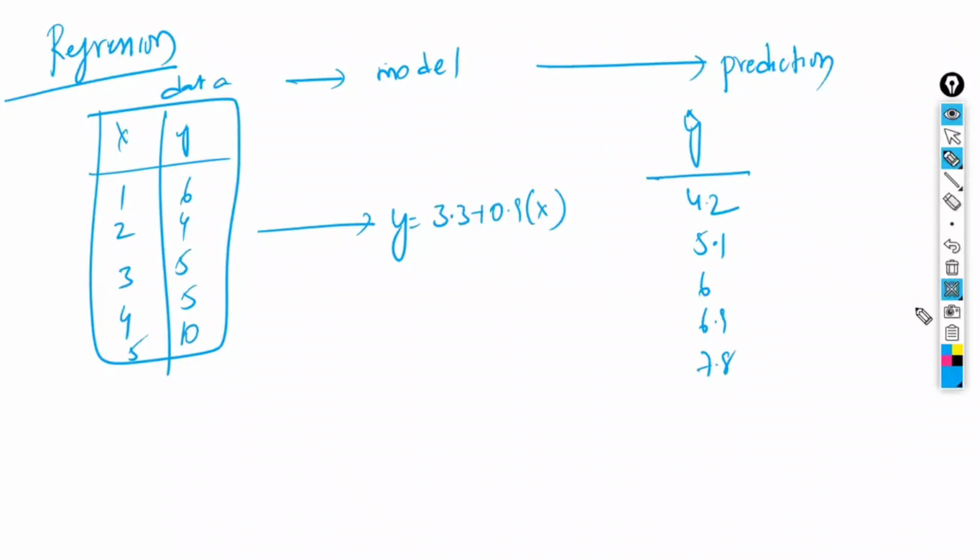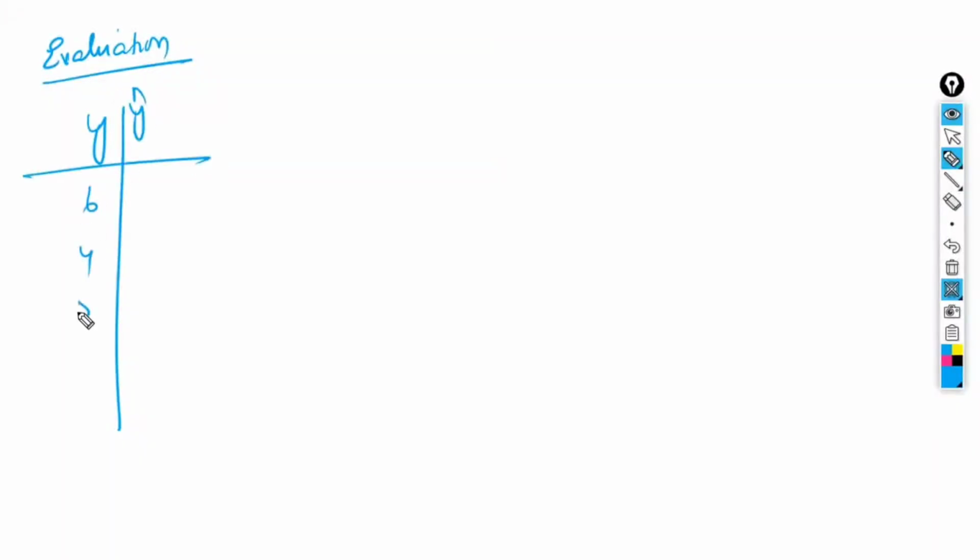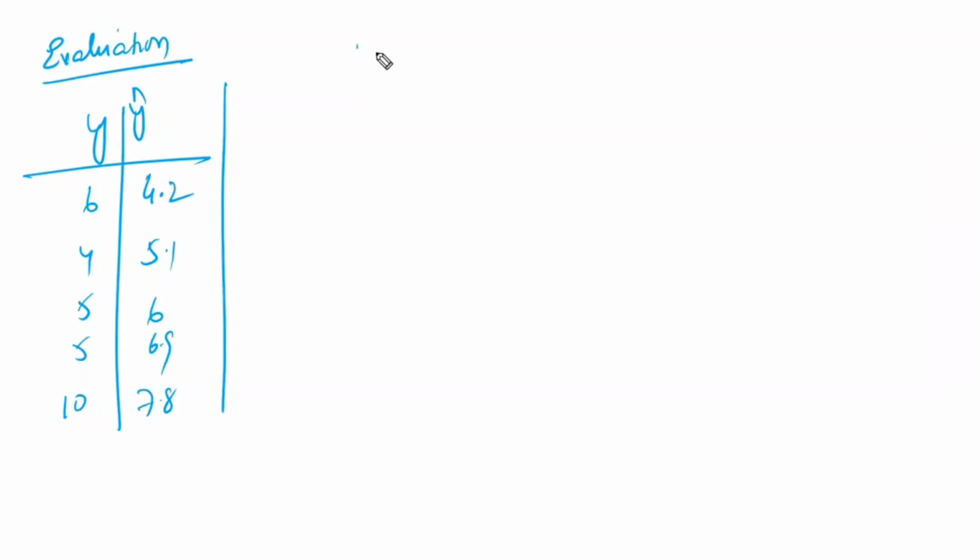Once the prediction is completed, after that we have done the evaluation. For evaluation, first we selected the original y versus predicted y. Original y is 6, 4, 5, 5, 10 and predicted y is 4.2, 5.1, 6, 6.9 and 7.8. Using these two, you calculated the mean square error.